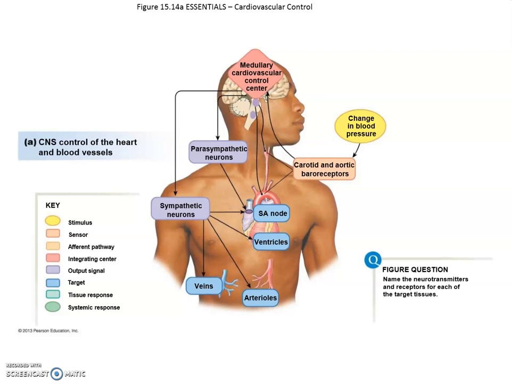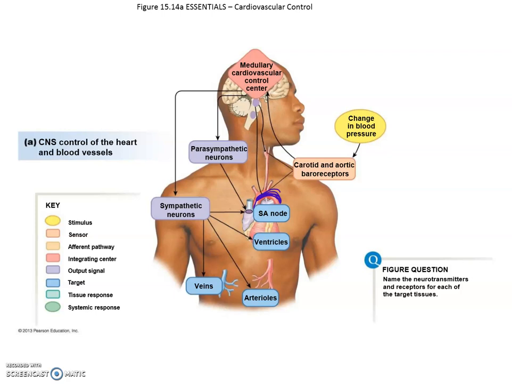So let's take a look at this. Let's take a look at the aortic arch right here. This is where the major pressure vessels are. So you have the major gush of blood coming out of the left ventricle, and now it's going into the aortic arch. You have baroreceptors in the aortic arch.